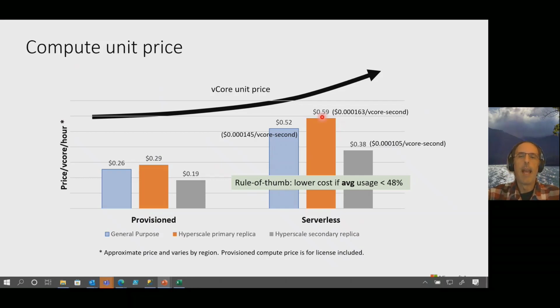And so if instead the average usage over time were, say, a half core over the full hour, then the cost would be half of 59 cents, which puts it into a ballpark of the cost for provisioned compute for 1 core. In other words, if the average usage, both in terms of memory and CPU for this serverless database, is less than 48% over time, then serverless tends to be a better pricing fit. Whereas conversely, if that usage over time tends to be greater than 50%, then provisioned compute tends to be the better pricing fit.